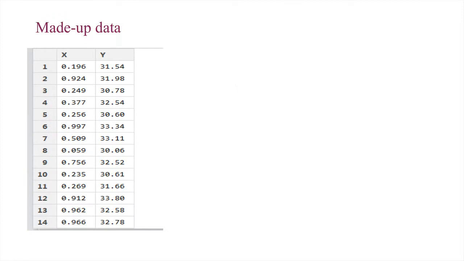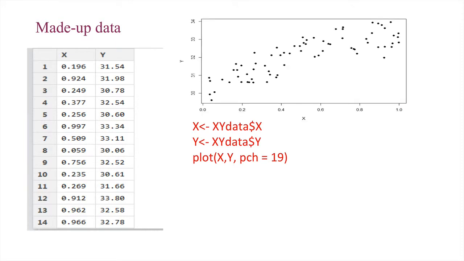Let's have a look at the process of fitting polynomial models to data and how we might go about choosing the most appropriate polynomial to represent those data. Here are some data that have been made up, and here I am simply reading them in and plotting the x and y relationship.